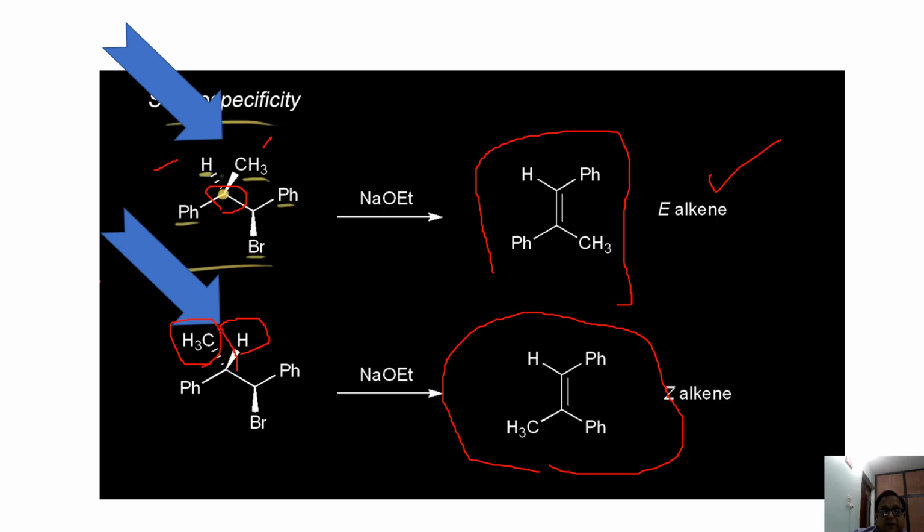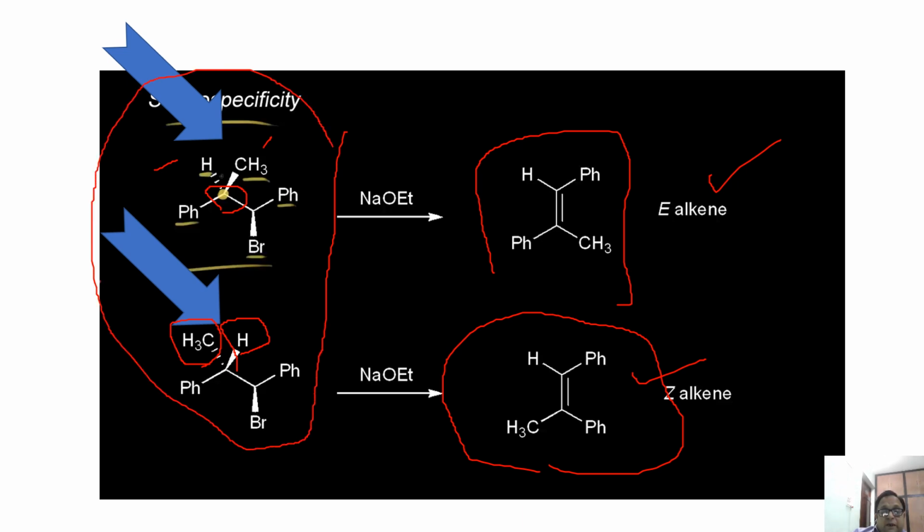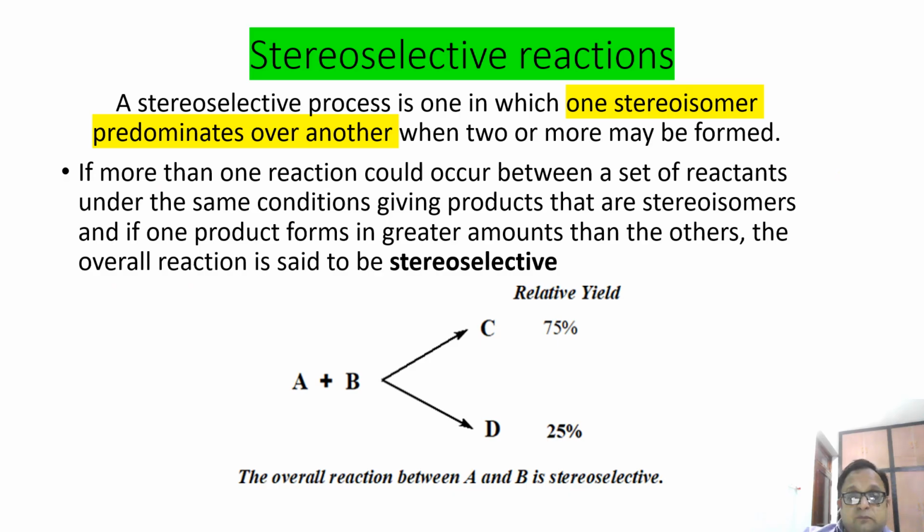So in this case, we are getting the Z-alkene. So it is totally the stereochemistry of the reactant that is determining the nature of the product. So these types of reactions are called stereospecific reactions.